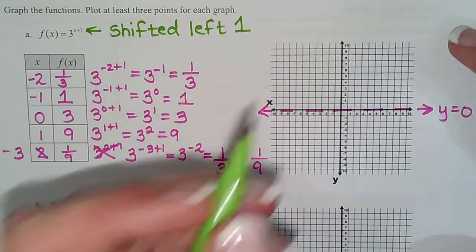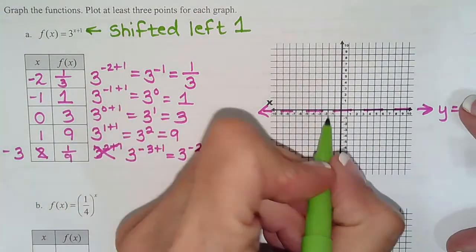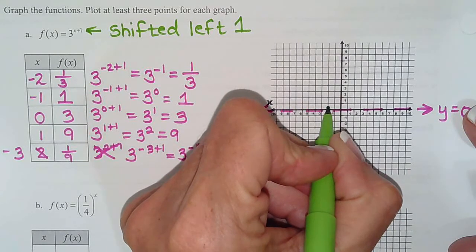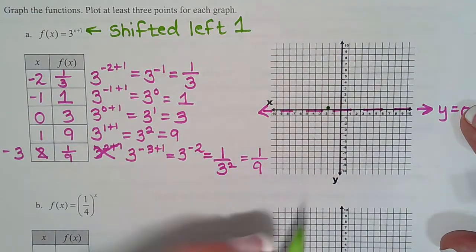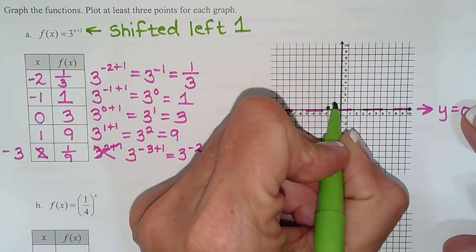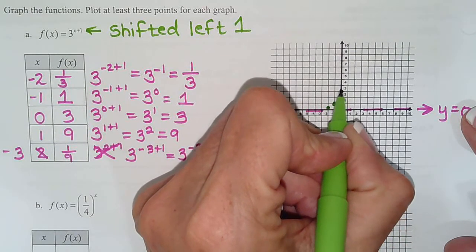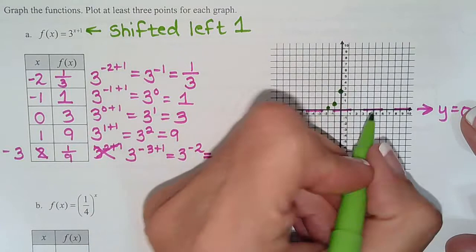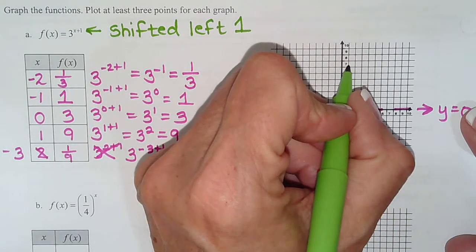So -2 and 1/3 is just barely going to be above the x-axis. And then -1 goes with 1, 0 goes with 3, 1 goes with 9. So 1, 2, 3, 4, 5, 6, 7, 8, 9.